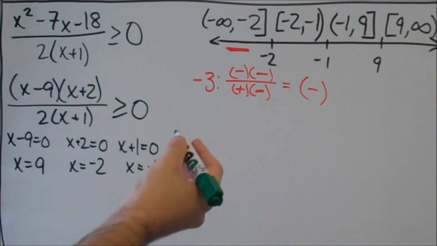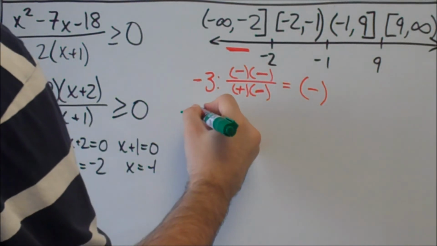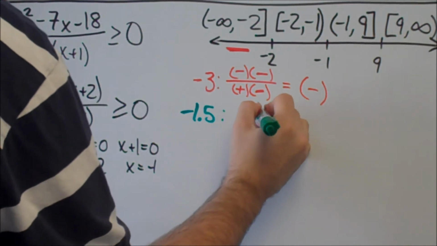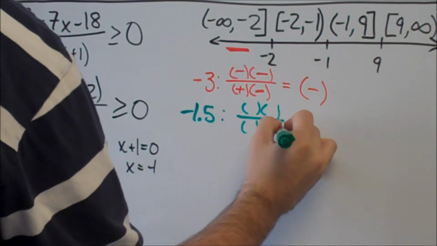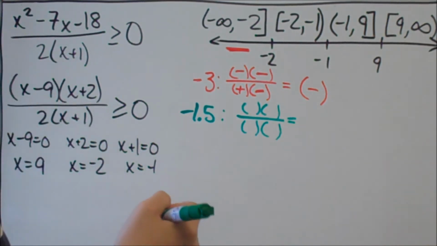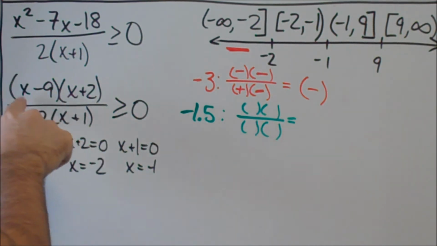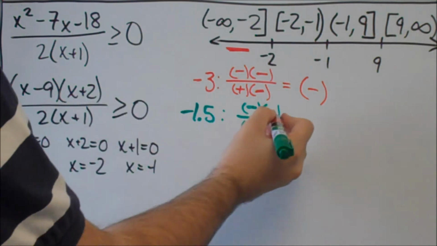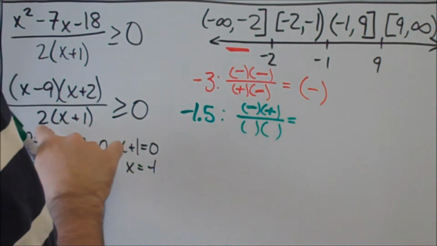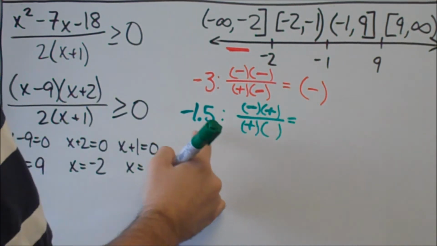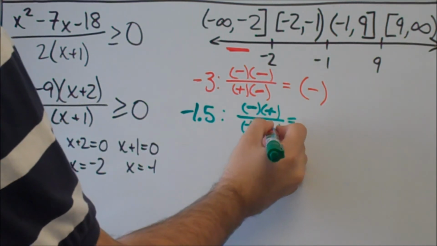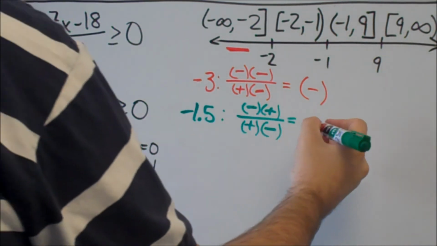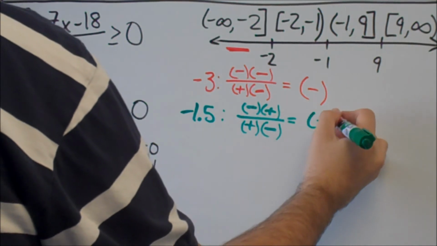Okay, let's pick one between here. Let's do negative 1.5. If you plug negative 1.5 in for all your x's, this one's going to be negative, this one's going to be positive, 2 is always positive, and this one will be negative. So there's an even number of negative signs, so this one's going to be positive.